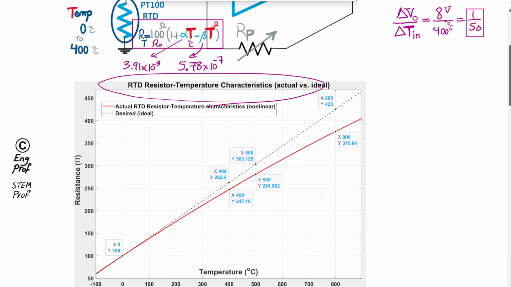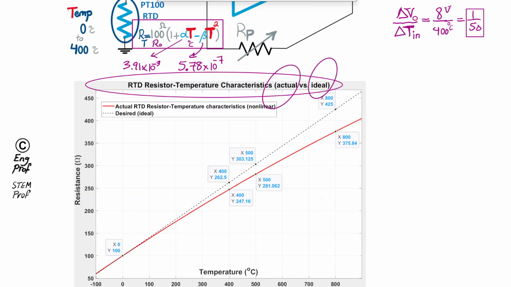For the RTD resistor temperature characteristic, actual versus ideal, we get the actual as a bent, curved plot bending downward, versus the ideal linear straight line, the black dashed line.